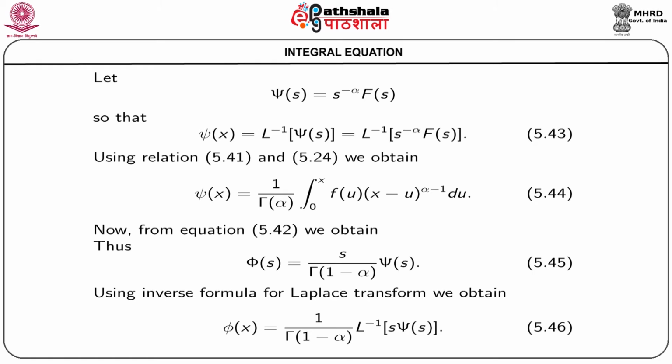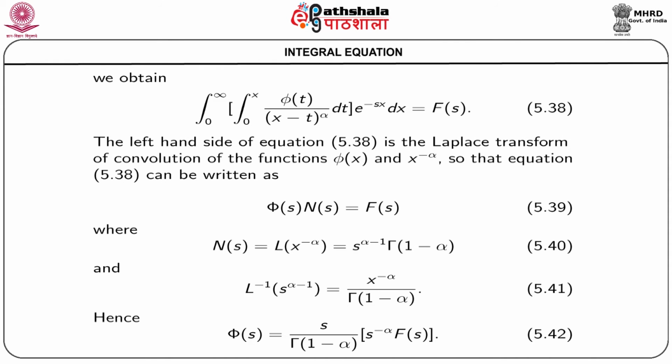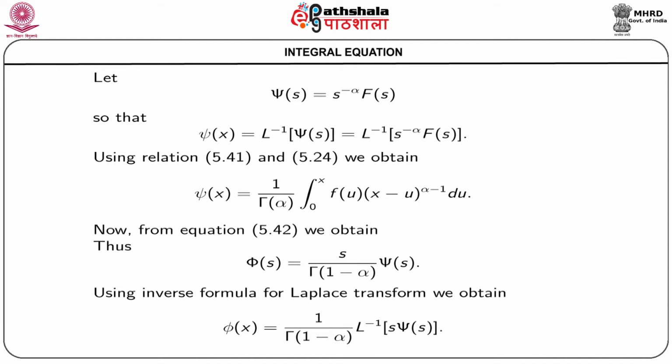S to the power minus alpha is the Laplace transform of a certain function which can be calculated from equation 5.41, and capital F s is the Laplace transform of small f x. So for the product of two transformed functions, the Laplace inverse can be written as the convolution of the corresponding functions, which is given by the right hand side of equation 5.44, and this function is psi x.